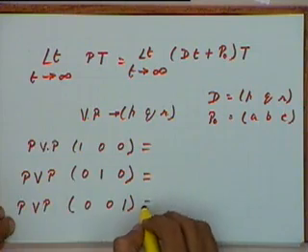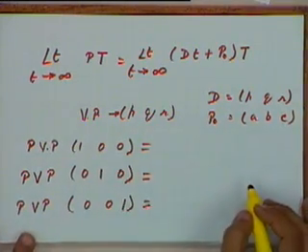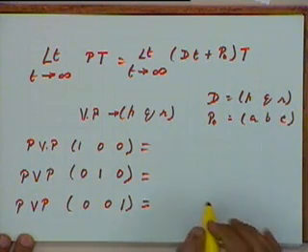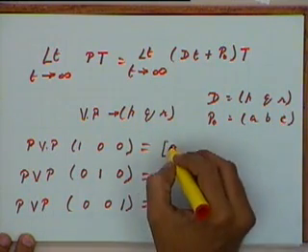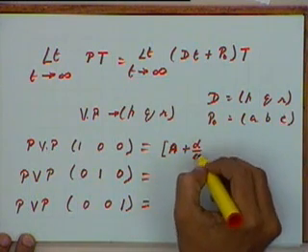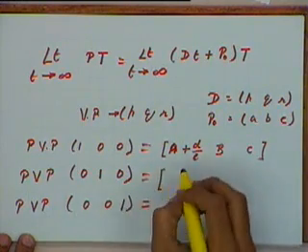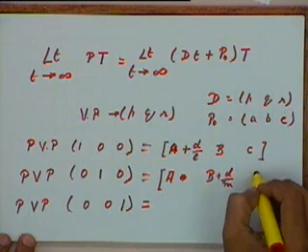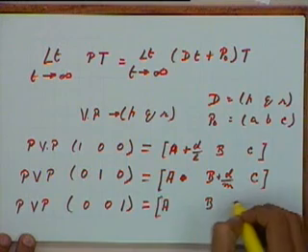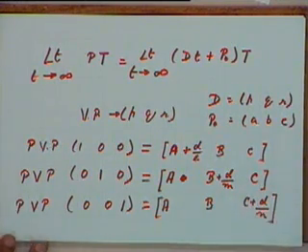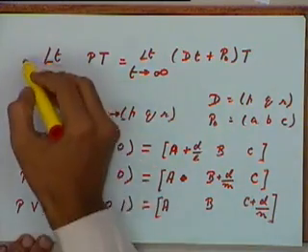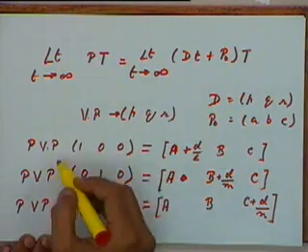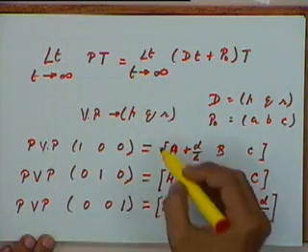You can carry out a detailed proof. The principal vanishing points will come out to be the points A plus d by L, B, C, this would be A, B plus d by M, C, and A, B and C plus d by N. What I suggest is that you carry out this step to completion and find out what the actual limits are as you take t towards infinity, and then put in these specific cases for the x direction, y direction and z direction and try and get this result.